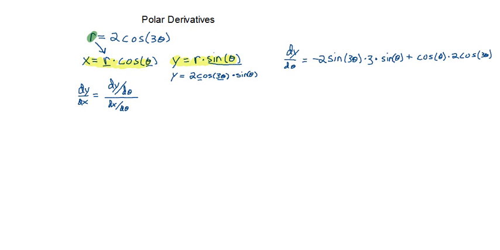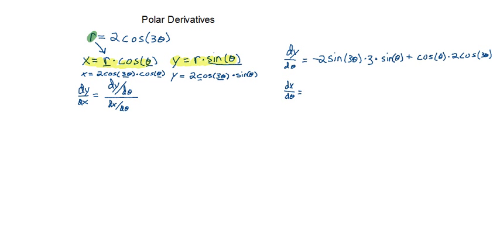Now to do the same thing for x, we need dx d theta. This is again going to be a bit long. What does x actually equal? x equals r, which is 2 cosine of 3 theta, times cosine of theta. Sadly, we cannot combine the cosines because the insides are not the same. So it has to stay that big, long equation, which is again going to require a product rule.